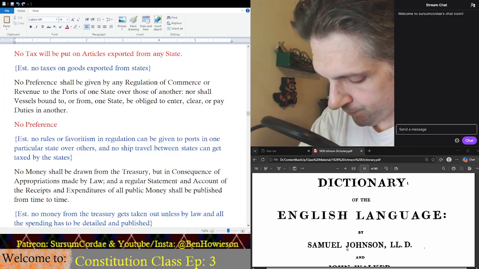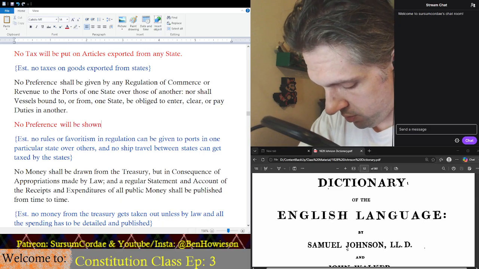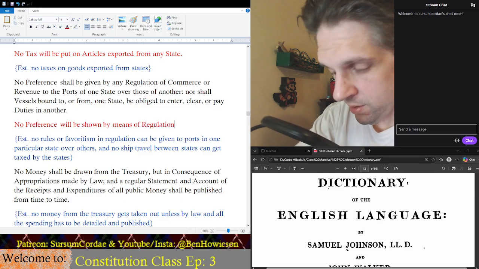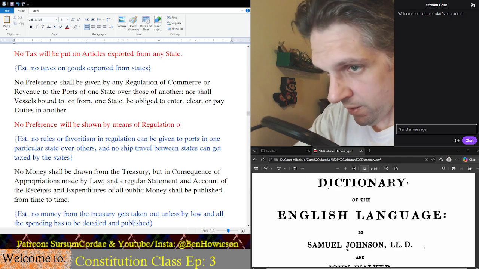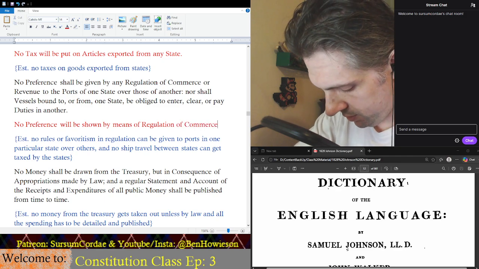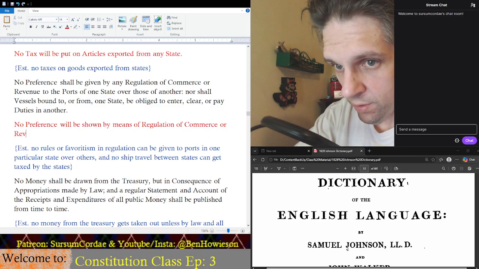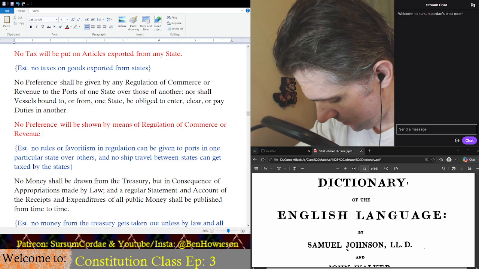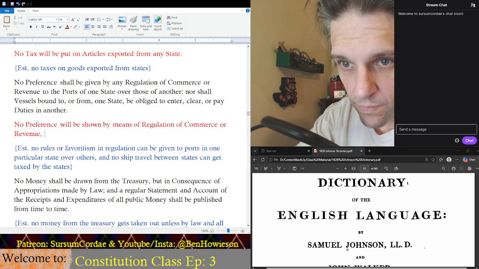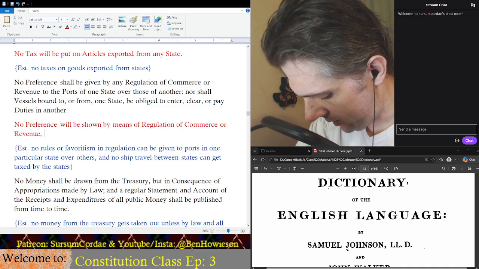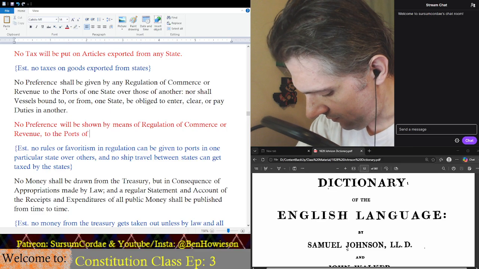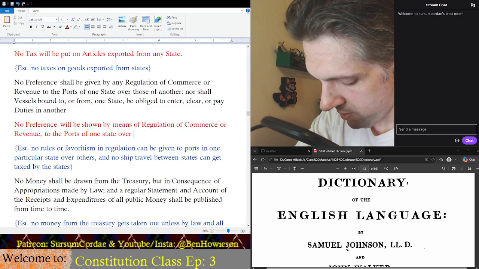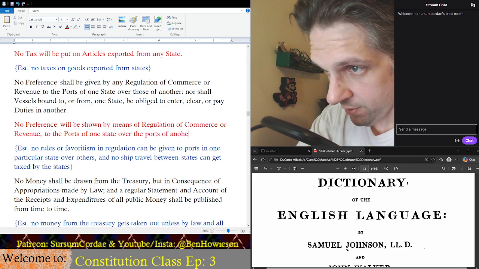No preference will be shown by means of regulation of commerce or revenue, I'm adding a comma there because we kind of need it, to the ports of one state over the ports of another.